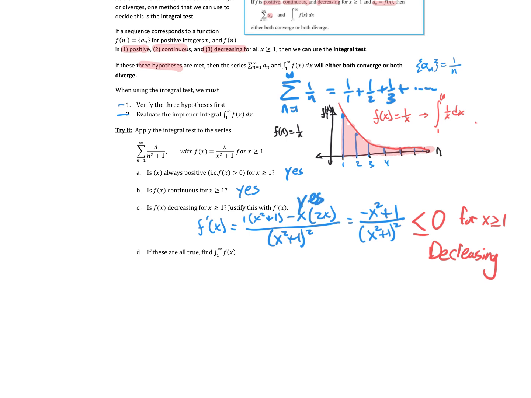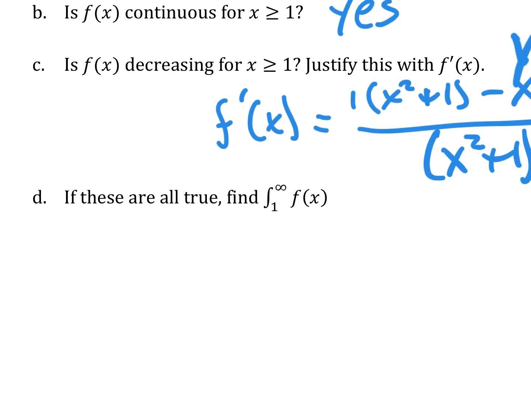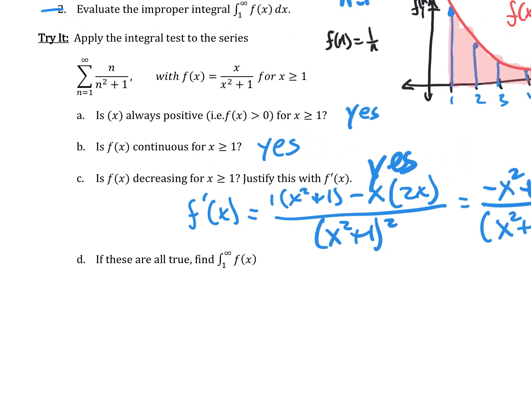And by the way, to show that, you don't need to do much more than this. You just stated the fact. The reader can reconfirm it for themselves, but you showed that you did confirm that for x greater than or equal to 1. Now, so let's find the improper integral here.